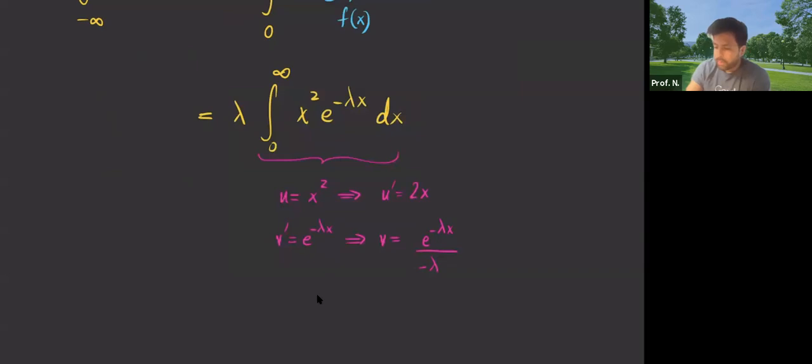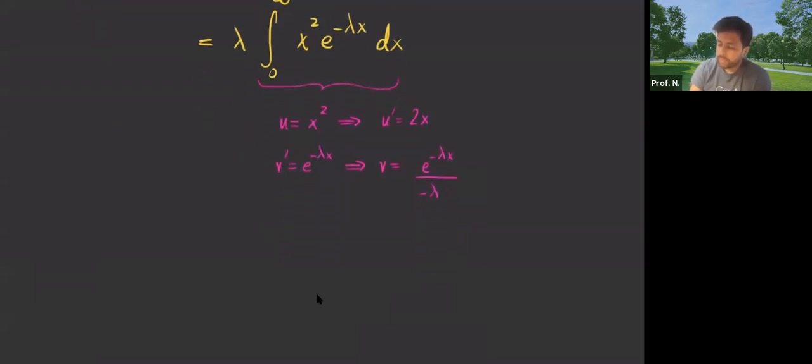And now remember why that would be the case. If we differentiate this, we should get back to this original function. So we're undoing the chain rule because there's a negative lambda next to the x variable. So now you do uv, right?